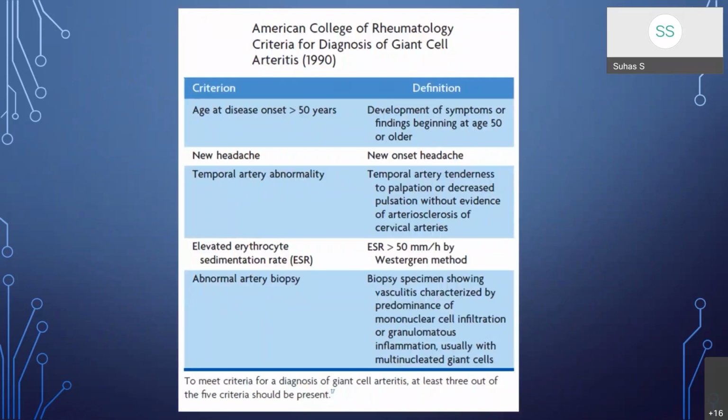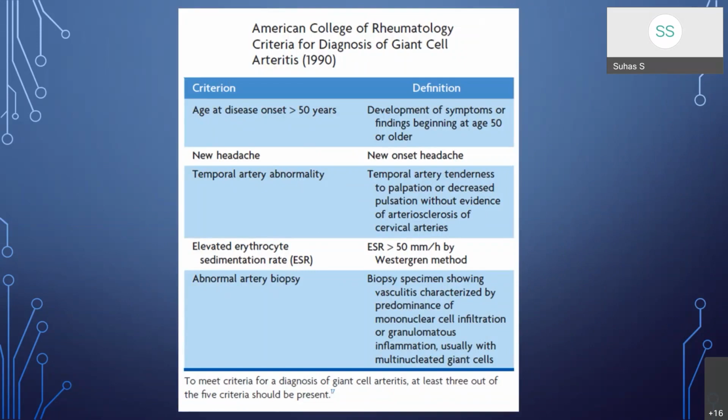Coming to the criteria for diagnosis, this is the American College of Rheumatology criteria. They have described 5 criteria, and at least 3 out of these should be present to make a diagnosis of giant cell arteritis. The first criterion is age at onset more than 50 years. The second is new onset headache.